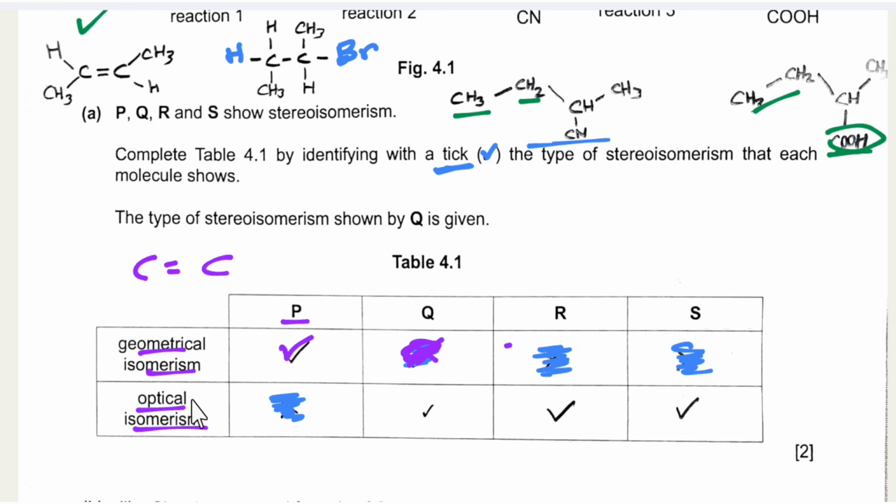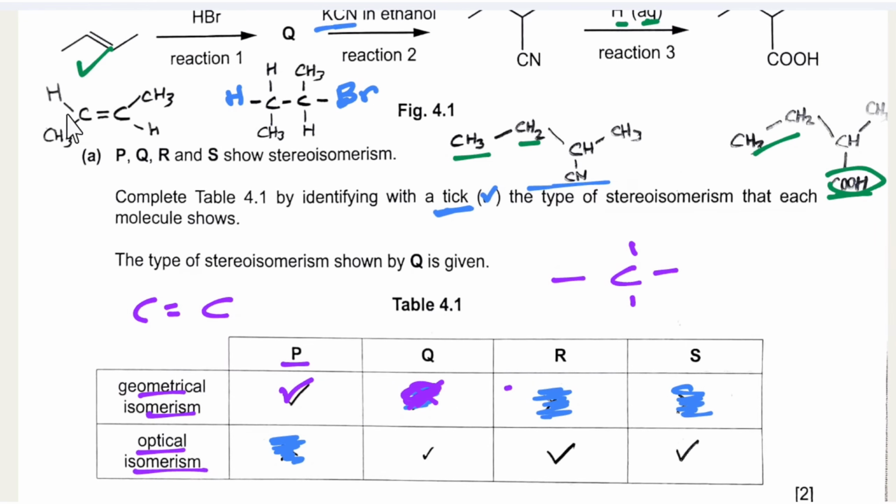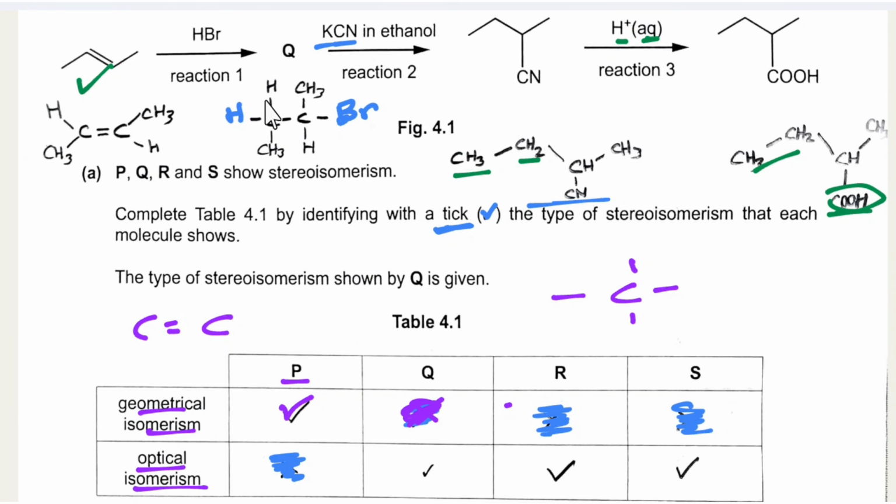Then for optical isomerism, the carbon atom must be attached to four different groups. Here we can see that for P, none of the carbon atoms is attached to four different groups. Then for Q, this carbon atom is attached to two hydrogens, so two same groups are attached, so this would not show optical isomerism.